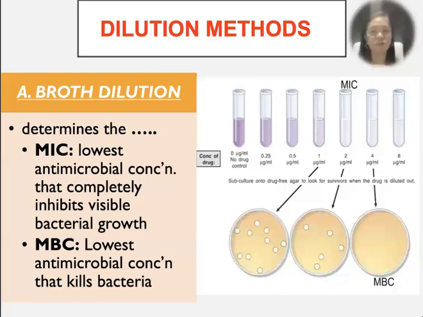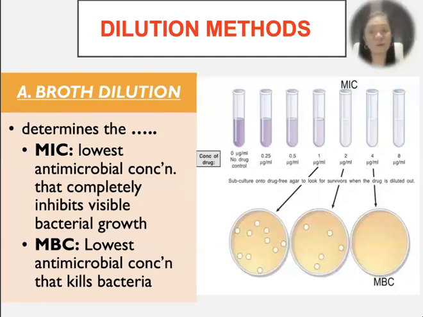So aside sa 30, may 25 micrograms, may 20 micrograms, or in this case, meron siyang 8 micrograms. Say yun yung pinakamataas, doon siya nag-positive for susceptible sa 8 micrograms in your zone of inhibition.